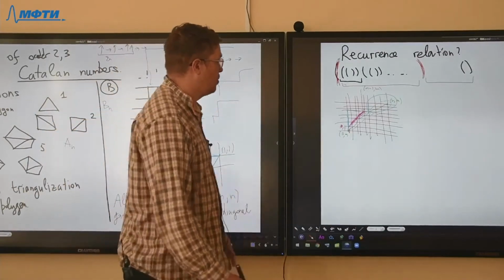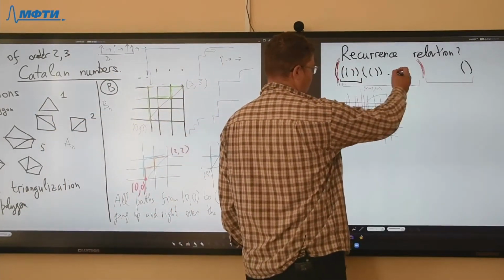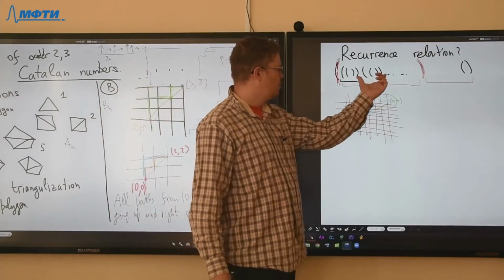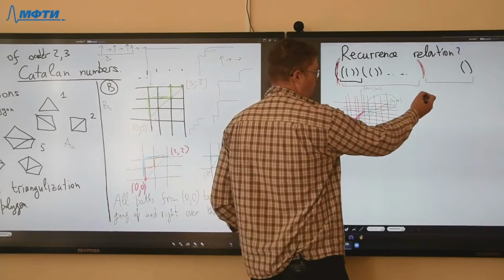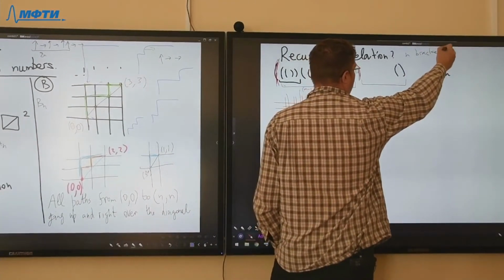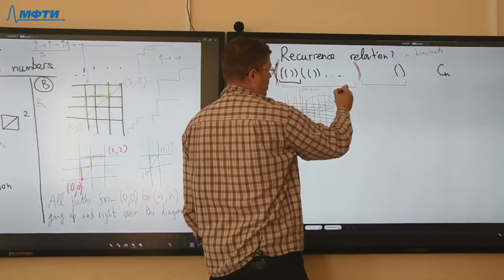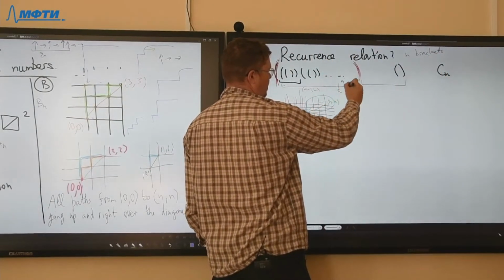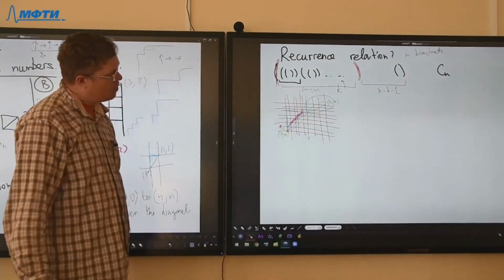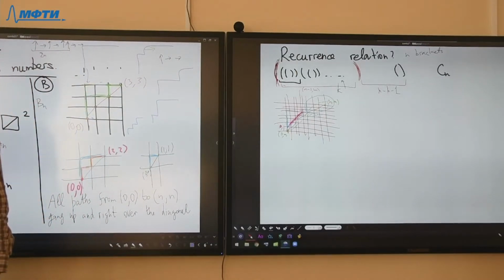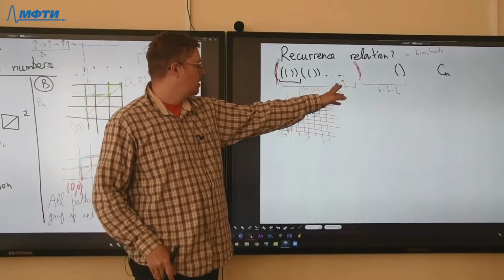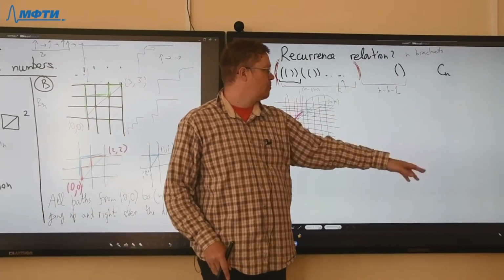So the number of, how many? Can you tell how many sequences we will have if we have n brackets total, and for example we have k brackets here and n minus k minus 1 brackets here? How many possible sequences of brackets do we have here, if here we have k brackets and here we have n minus k minus 1 brackets?